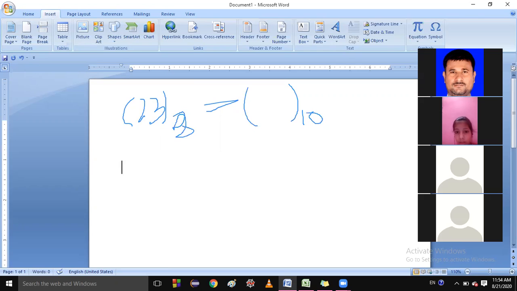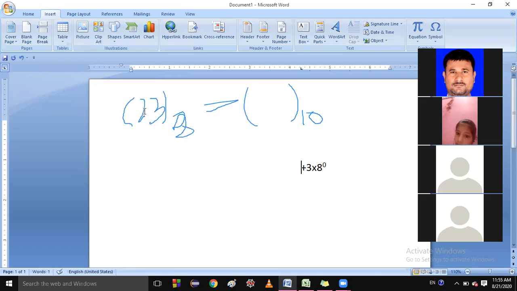So 2 3. First, as I said, you will start from the right side, which gives the number 3. Then multiply it by 8, because this is an octal number, and the power will start from 0. Then plus the next number.